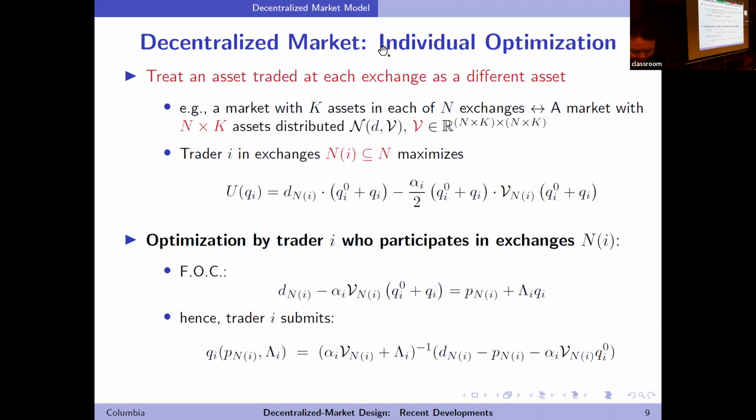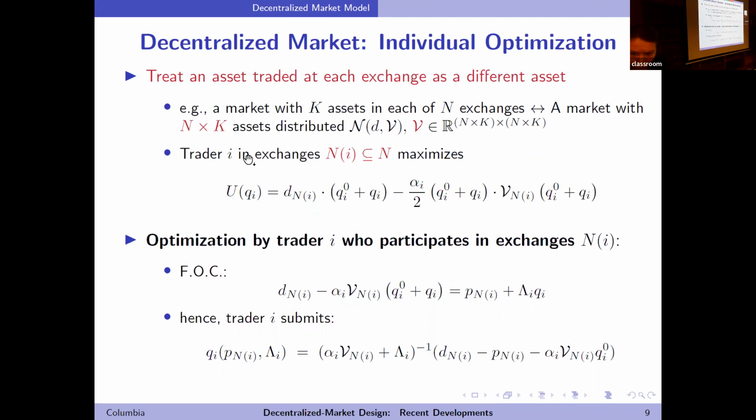For example, we will treat a market with k assets traded in n exchanges as a market with n times k assets and an n times k by n times k covariance matrix induced by the primitive covariance sigma and the structure of all exchanges. Imagine we are stacking the sigma for each exchange along the diagonal.